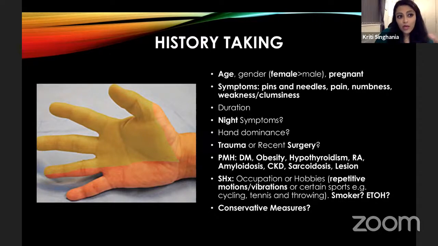You can also have space-occupying lesions such as ganglions that could compress the nerve, which is something to bear in mind. Social history-wise, occupation or hobbies can be a hazard. If they do anything with repetitive motion or work with vibrational tools, for example, all of these increase their risk of carpal tunnel syndrome. One of the management options may be for them to take a step back and avoid those activities to try and improve their symptoms.